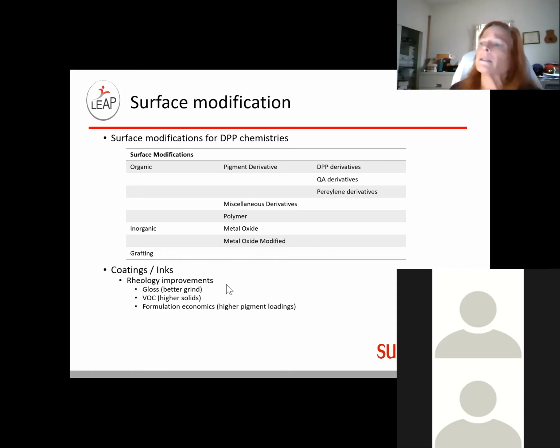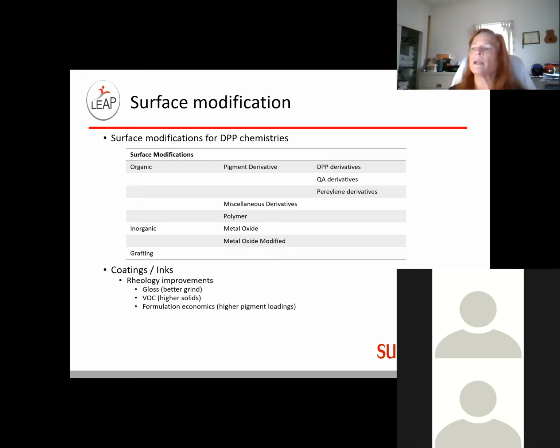For coatings and inks, these surface modifications are typically there to provide improvements in the rheology of the system, and that rheology then can lead to improved gloss by providing a lower viscosity and better grind.